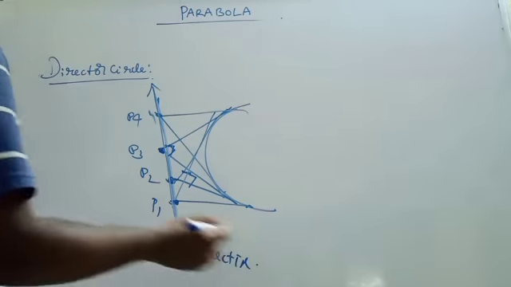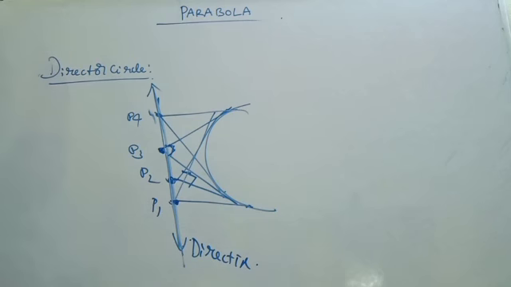Therefore, once again, the definition is the locus of the point of intersection of the perpendicular tangents to a conic is known as the director circle. Here in this case the director circle of this parabola is the line directrix itself.